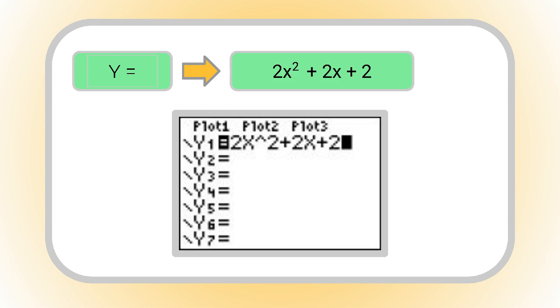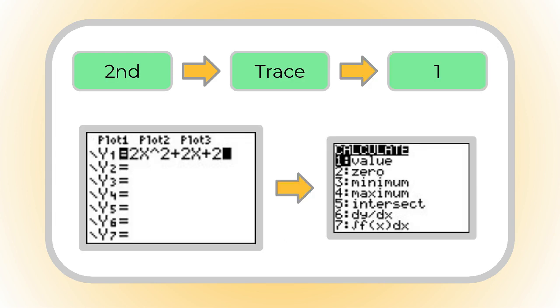Now what we want to do is figure out what this function equals when x is equal to 2. So we can use our calculator's calculate function, and we will do that by hitting the second button, which is also up in the top left.